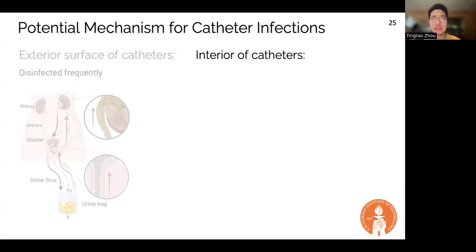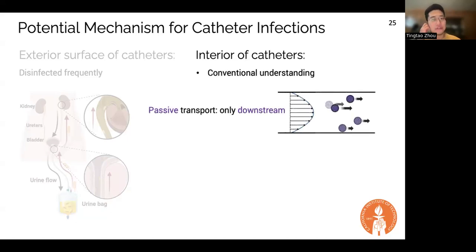So what about the other possibility, which is going through the interior of the catheters? In the conventional understanding, if we only have passive dust particles, let's say, then it's also impossible because, as we could imagine, inside the catheter you have more or less a Poiseuille flow, right?